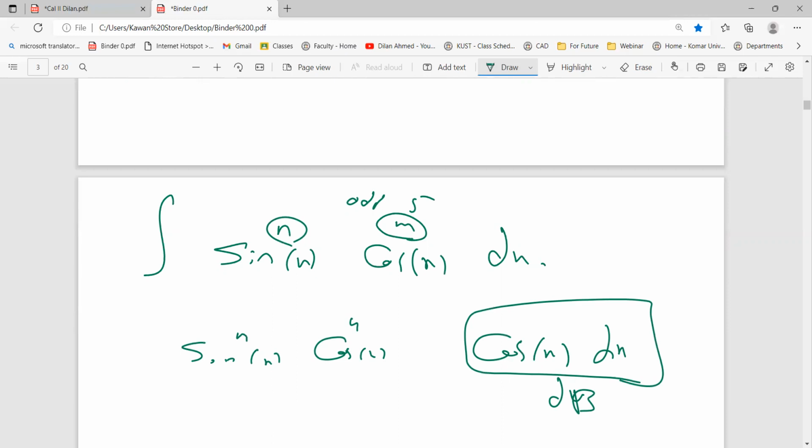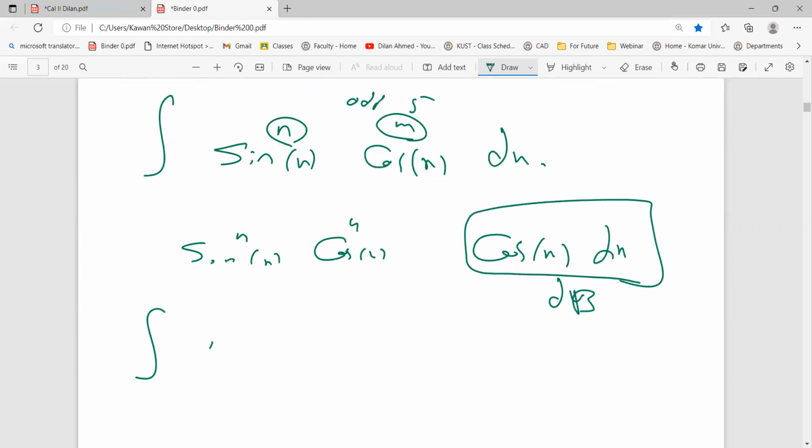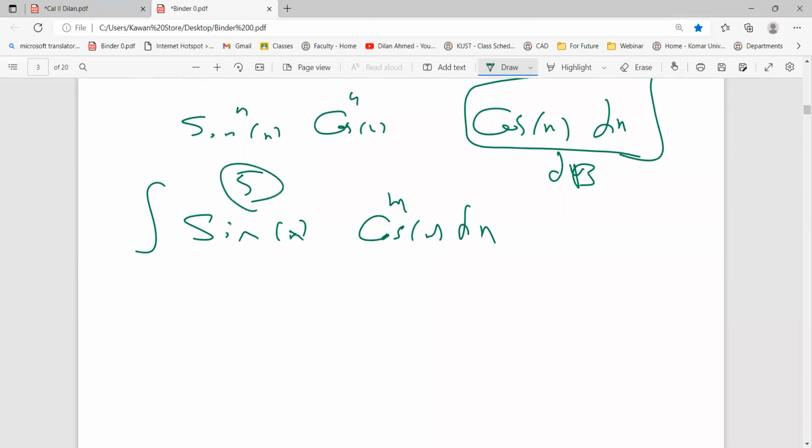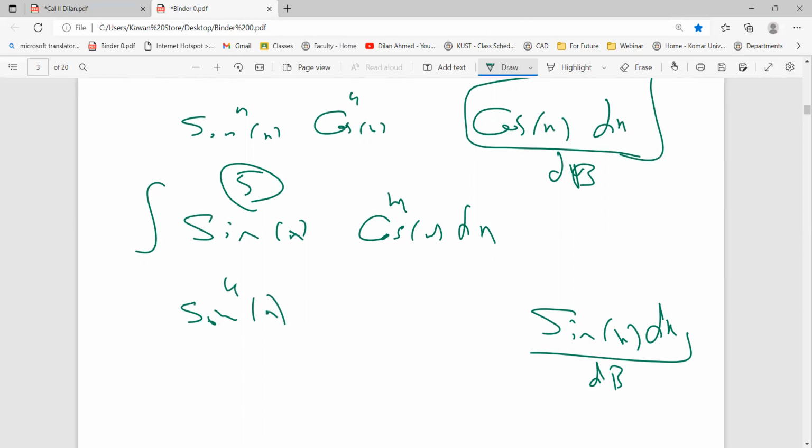Or if that one is odd, for example 5, and cosine is any power, I don't care about that one. I'll bring one of them to here, I make a d box, d what I need. Then it remains 4 with any exponent. This is the first step.